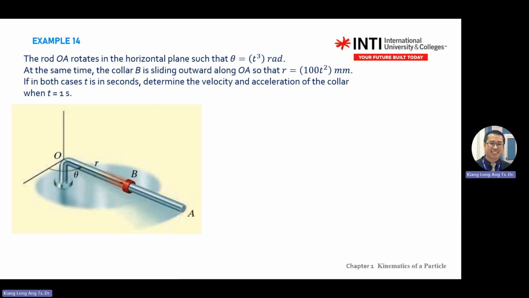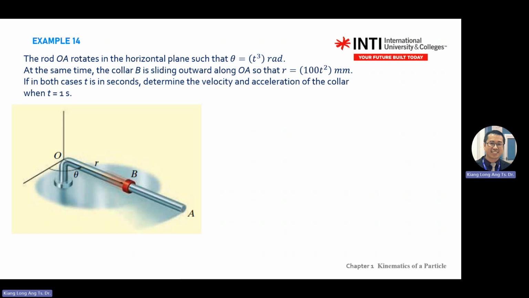Without touching the diagram, you see whether anything is given. Theta is given, theta equals t cubed. R equals 100 t squared. You do the time differentiation, simple differentiation. So R dot equals 200t, differentiate one more time, R double dot is 200. For theta, theta dot is 3t squared, theta double dot is 6t.